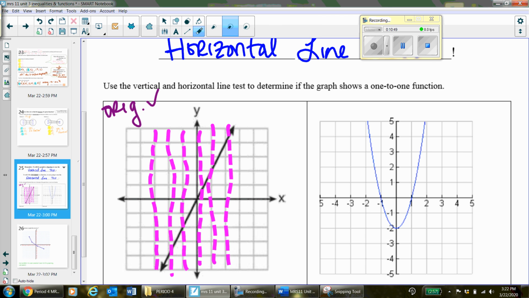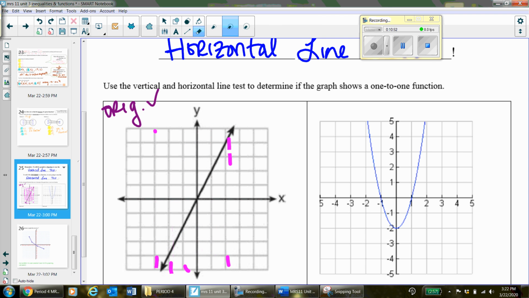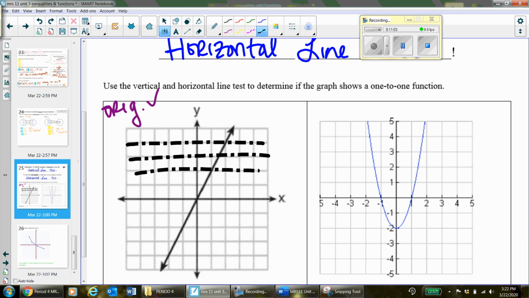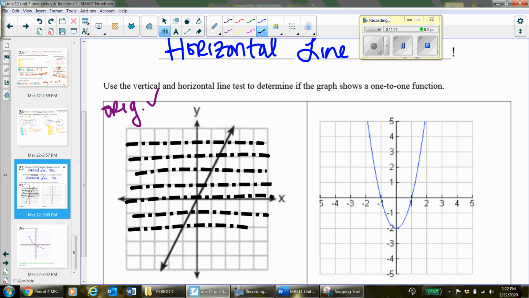All right, so now let's see if it passed the horizontal line test. And as I'm drawing my horizontal lines, I notice that it's only hitting this graph once.